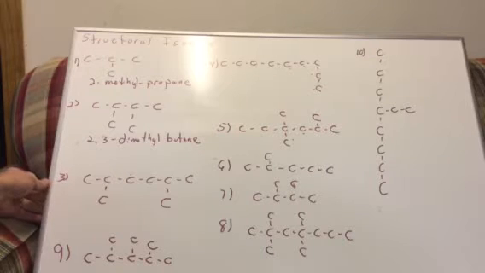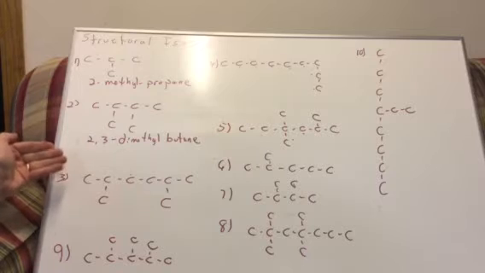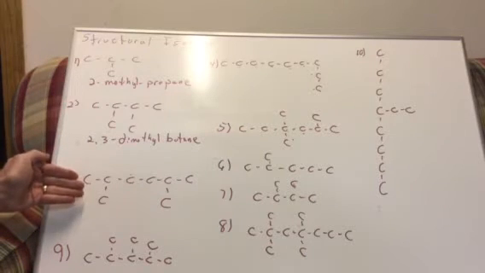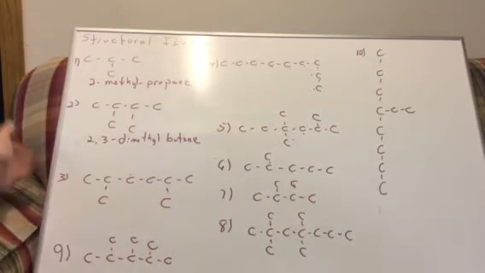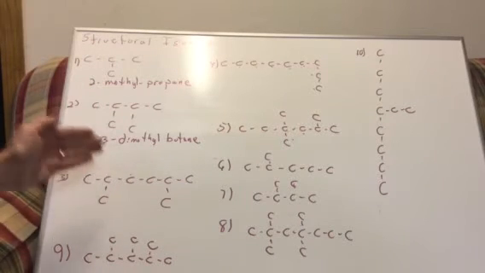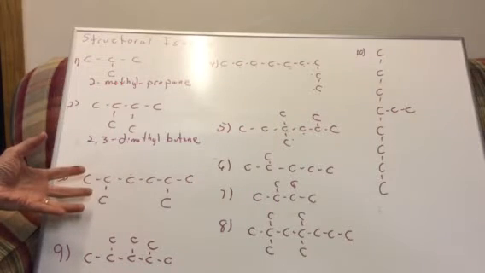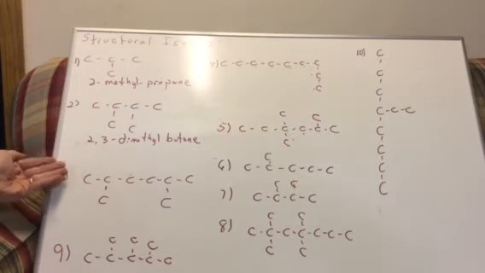Okay, number 3. The longest chain is hexane. You've again got 2 methyl groups attached. When you start naming, it doesn't matter whether you go left to right or right to left. You always want the numbers to be the smallest. But you can't start at one side and then start the other side.